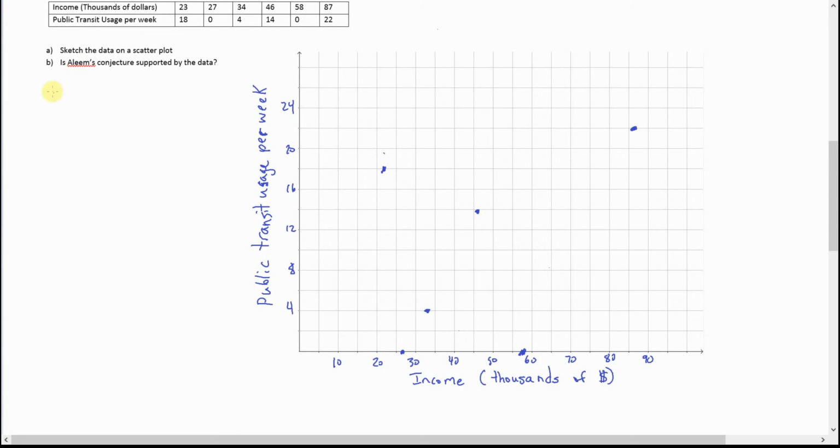We could say no. The data does not support his conjecture. Because there's no pattern.